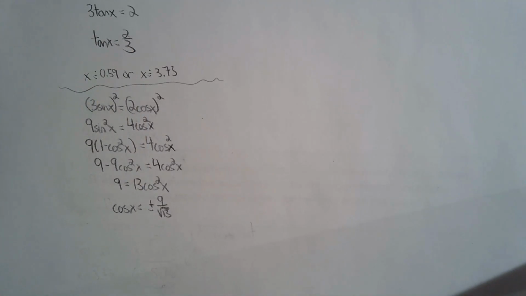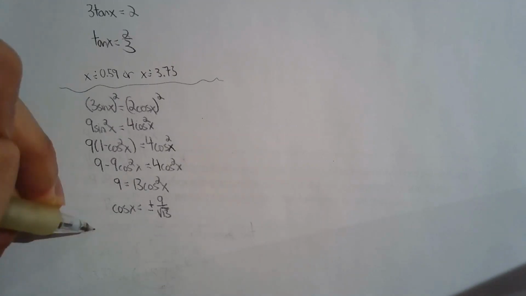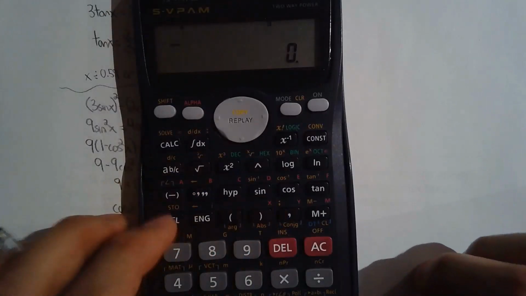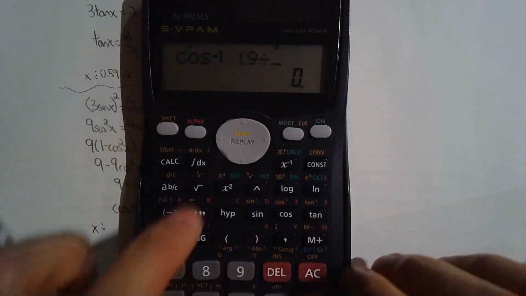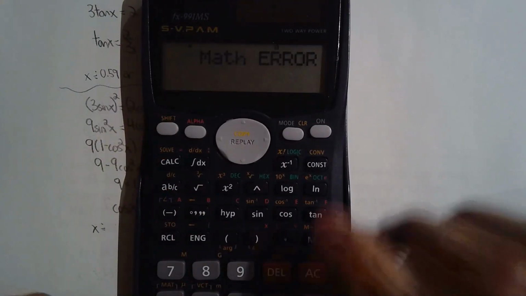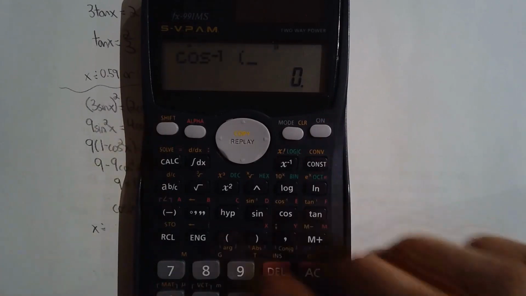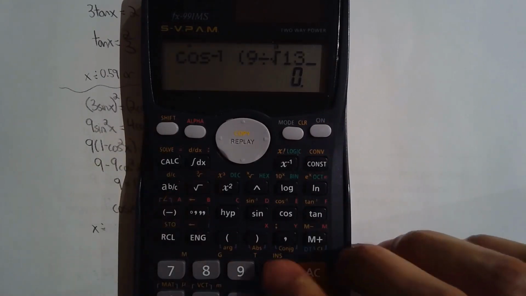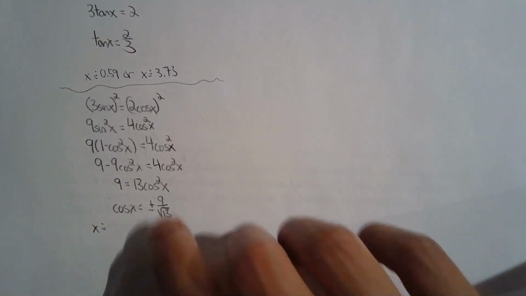Okay, so cos x equals plus minus 9 over root 13. So x is equal to, let's see what our calculator says. Oh, it's not 9. I'm so silly. I forgot the square root.